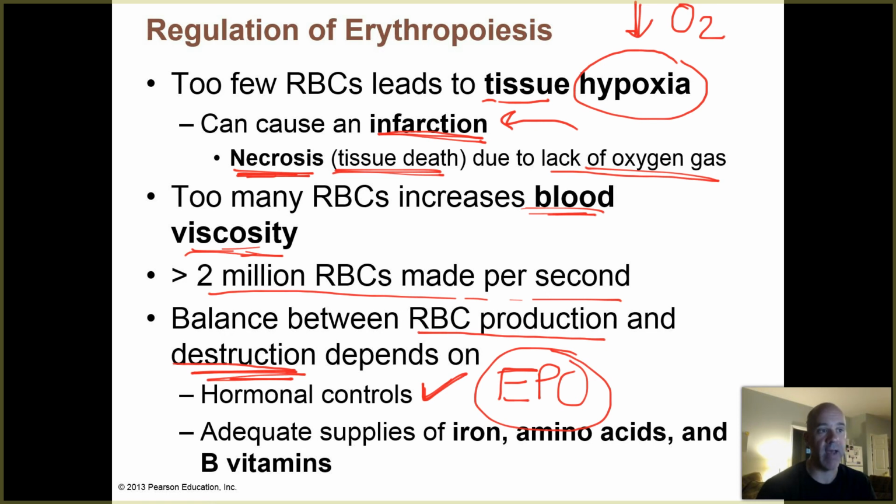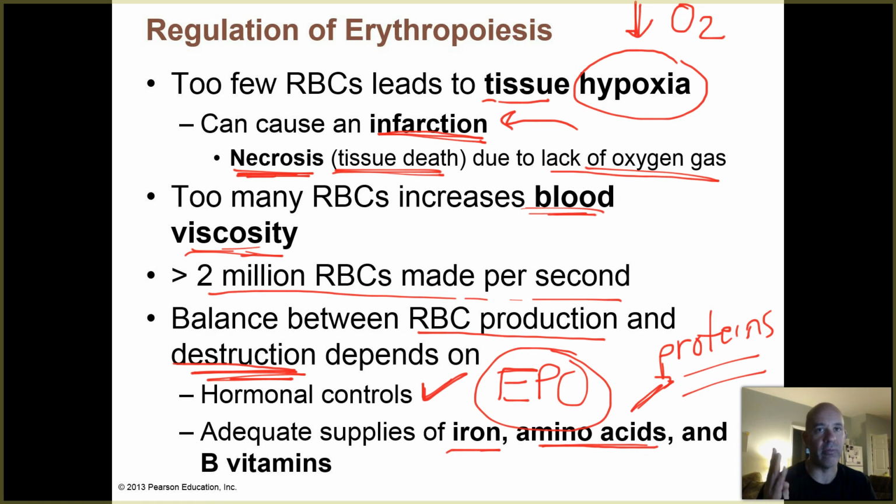Then you've also got to have adequate supplies of iron. Remember, you need iron in your heme. That's in your hemoglobin. You've got to have plenty of amino acids in your diet. Why is that? Amino acids are the building blocks of proteins. And what did we say hemoglobin is?